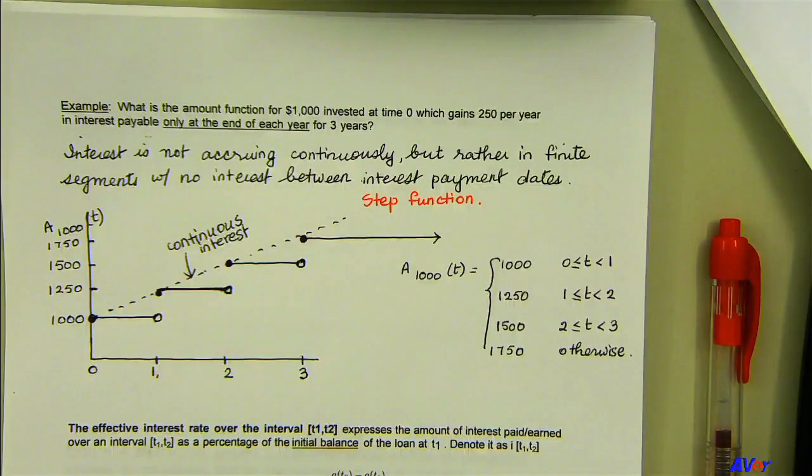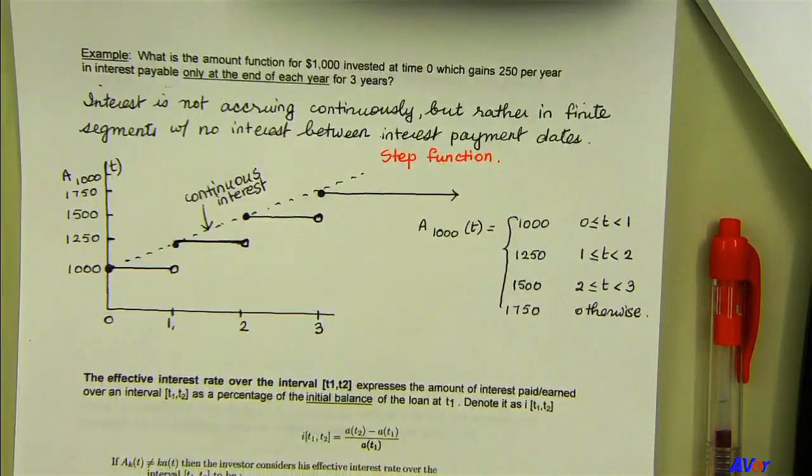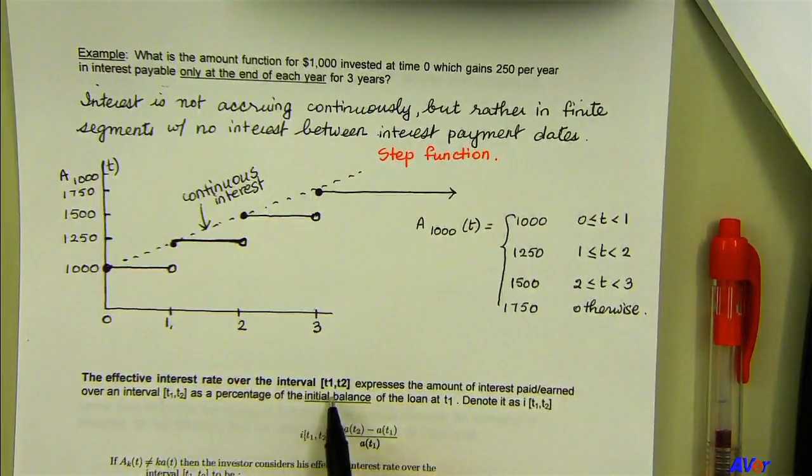It says the effective interest rate over the interval T1, T2 expresses the amount of interest paid or earned over an interval T1, T2 as the percentage of the initial balance of the loan at T1. So that's why this thing is bold.